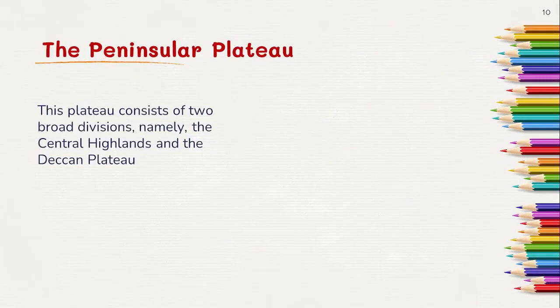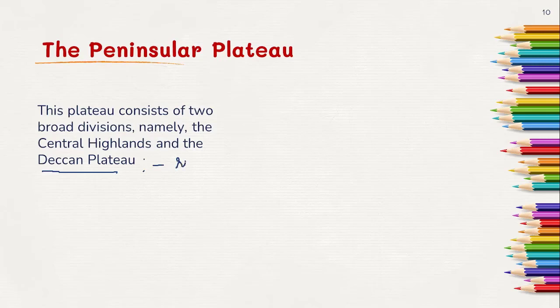Next is the Peninsular Plateau. The Peninsular Plateau consists of Central Highlands and Deccan Plateau. Deccan Plateau is mostly made up of rocks, and in Deccan Plateau no major rivers are formed.